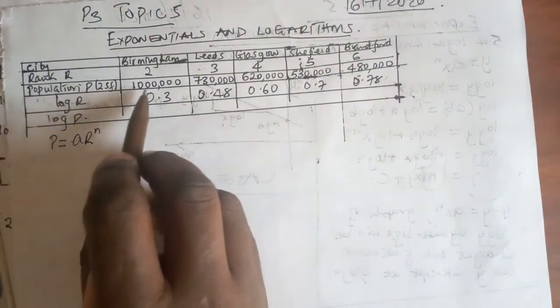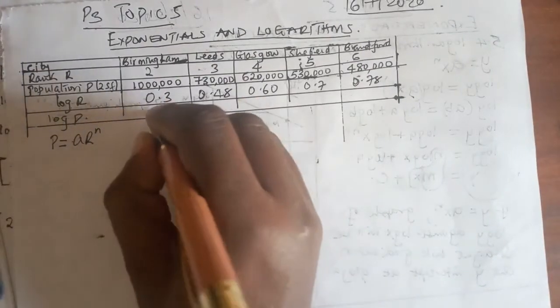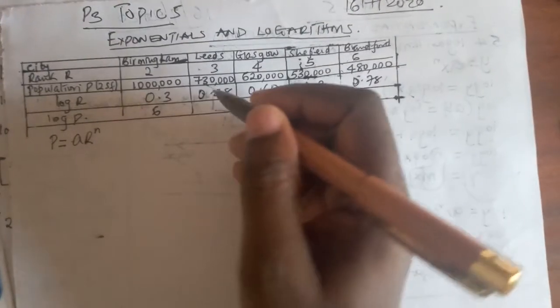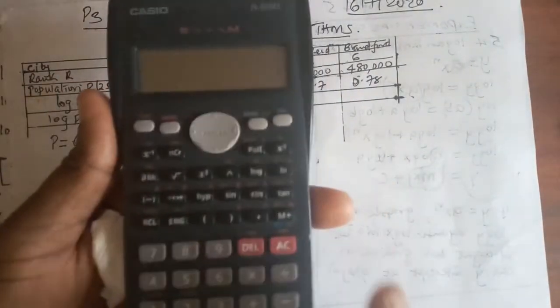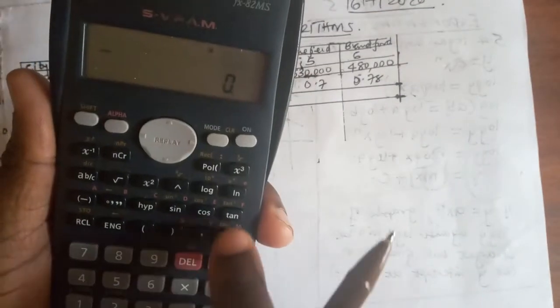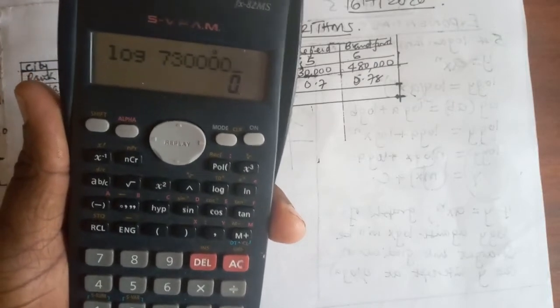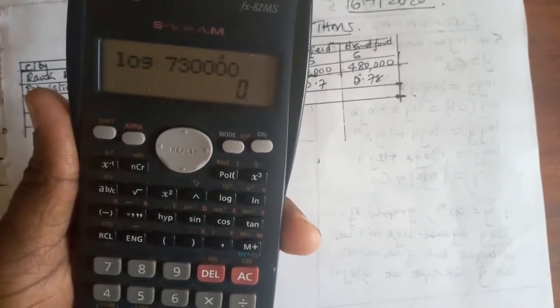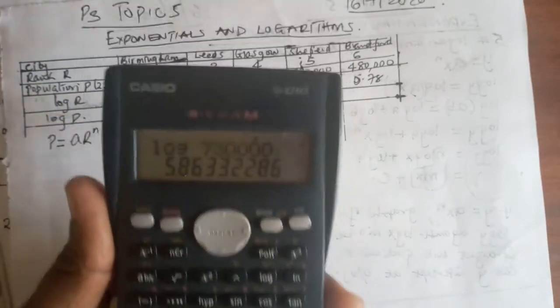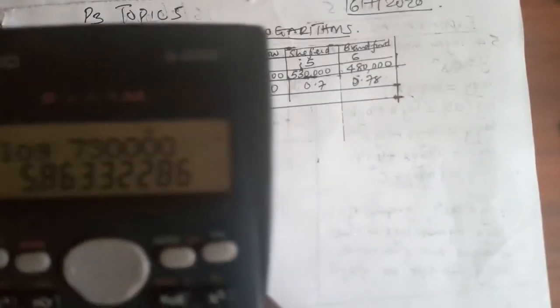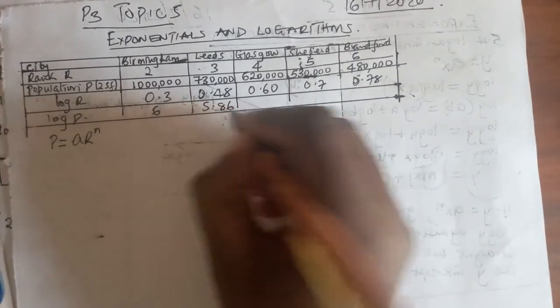But for log P, the log of 1 million is 6. You can verify that using the calculator. The logarithm of 730,000, so that we have a picture of what we are talking about, is 5.8633, but to two decimal places it is 5.86.